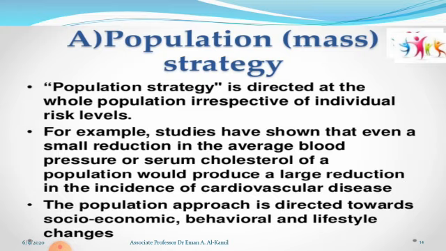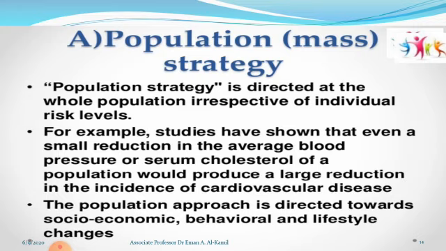For example, studies have shown that even a small reduction in the average blood pressure or serum cholesterol of a population would produce a large reduction in the incidence of cardiovascular diseases.